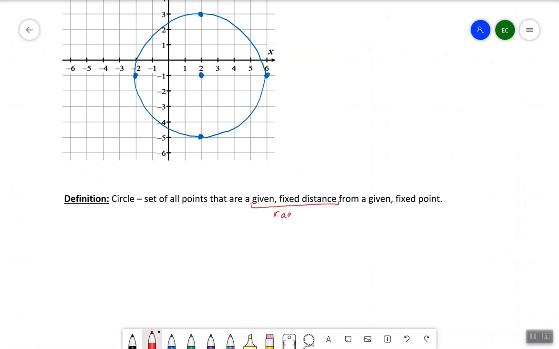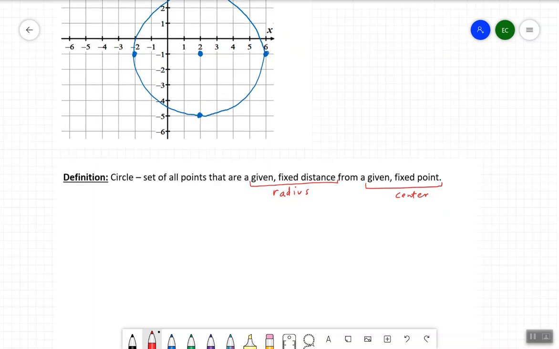That's the radius. And the fixed point is the center. And so again, we're just going to go out from the center that distance r for radius to get to the edge of the circle, to get onto the circle, and then just go out in every direction from the center to wind up with a circle.